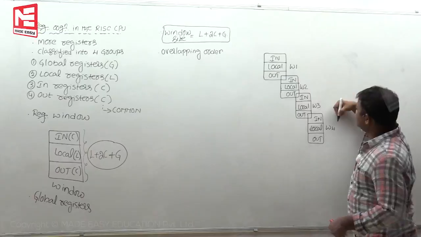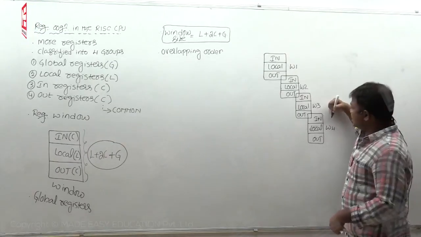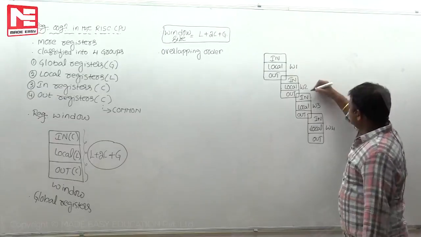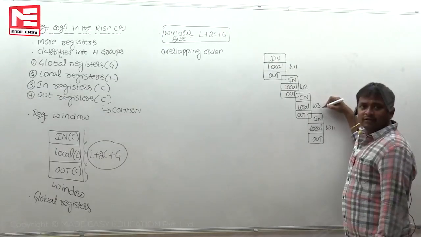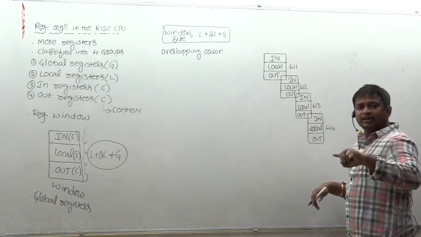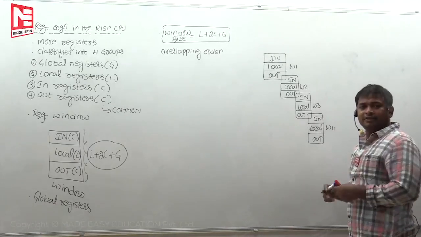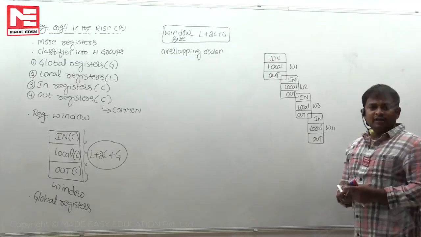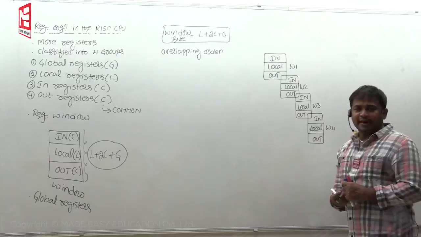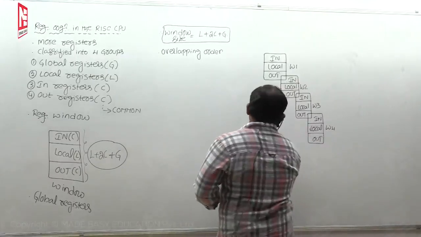When 4 windows are considered, overlapping order means this. W2 is overlapping with W1, 3 with 2, 4 with 3. Got the point? Then what about 1? 1 is not overlapping with anyone. So it is an incomplete overlapping. To make it complete, it is the scenario like this.